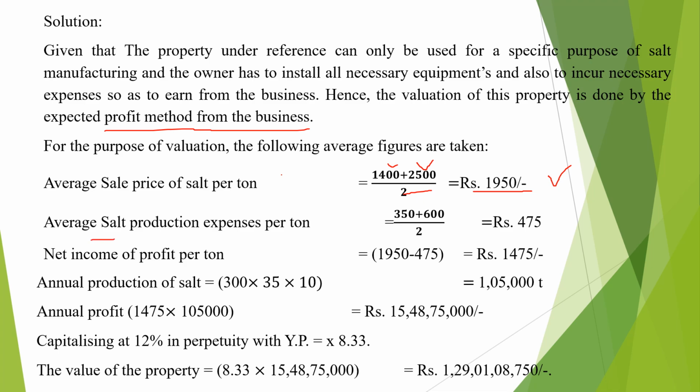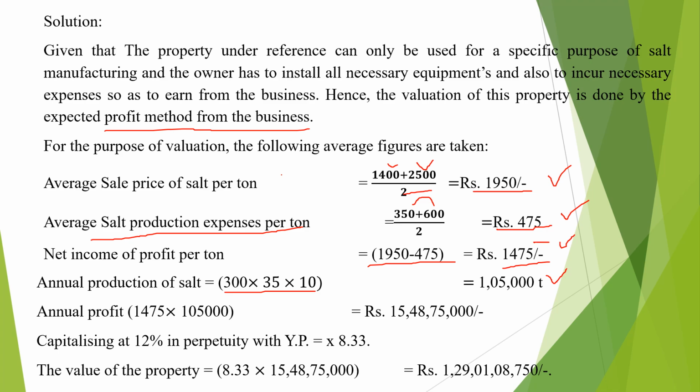And average salt expenses, that is 350 plus 600 divided by 2, rupees 475 is the average expenditure. So net income per ton will be 1,475. So average production we have already discussed, it will be 300 into 35 into 10, 1,05,000 ton.